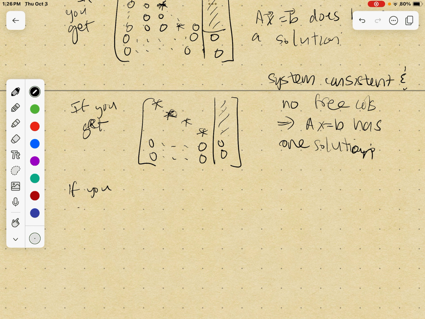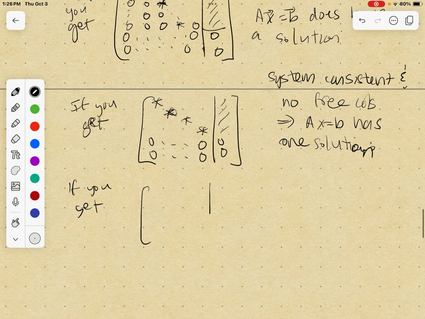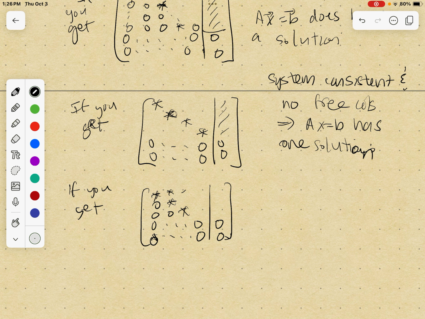If you get something like this, where you throw in some rows of zeros, and then there are all these entries here, these are not going to be pivots, so these are just random numbers.